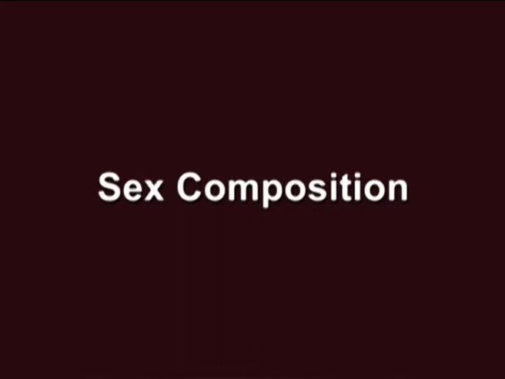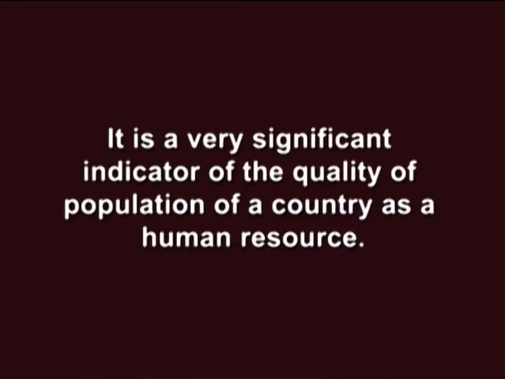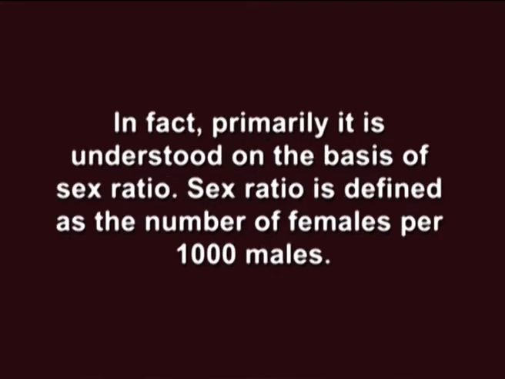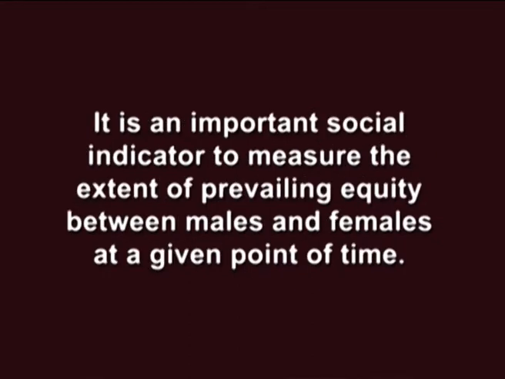Sex composition. It is a very significant indicator of the quality of population of a country as a human resource. In fact, primarily it is understood on the basis of sex ratio. Sex ratio is defined as the number of females per thousand males. It is an important social indicator to measure the extent of prevailing equity between males and females at a given point of time.